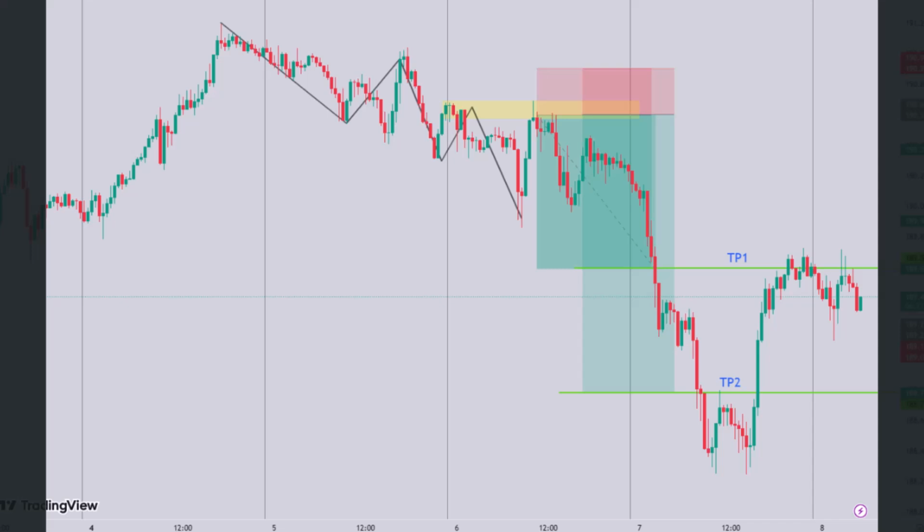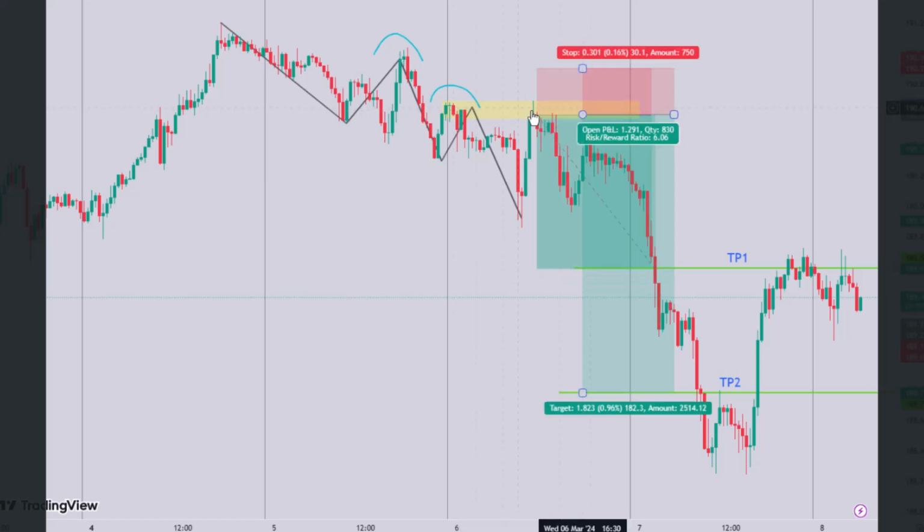Next, I targeted all my turning points. I had a turning point at this level. I also had a turning point at this level. And as you can see, the last green candle in that turning point was my supply zone. I extended it. That's why you saw this highlighted zone.